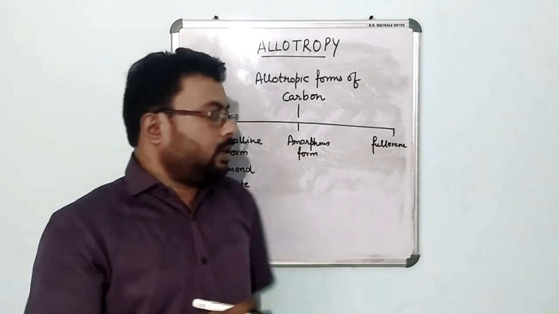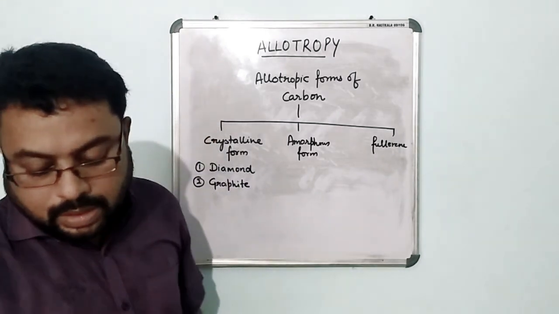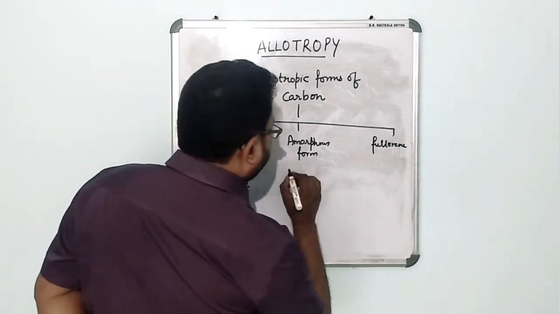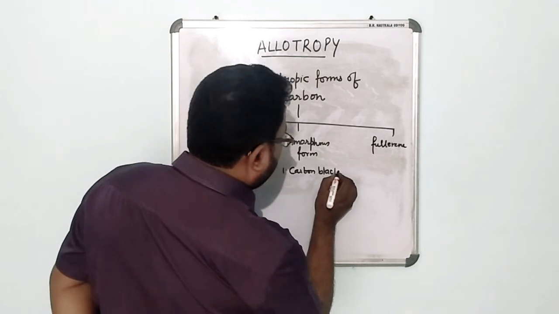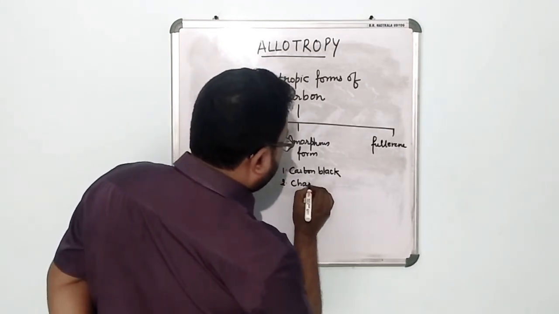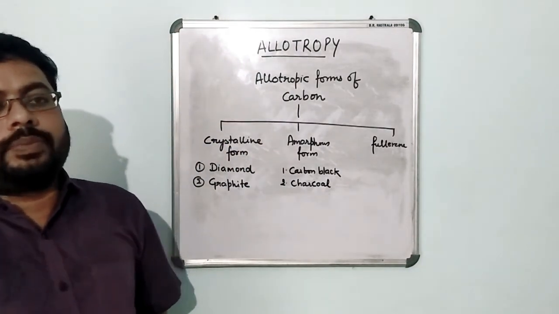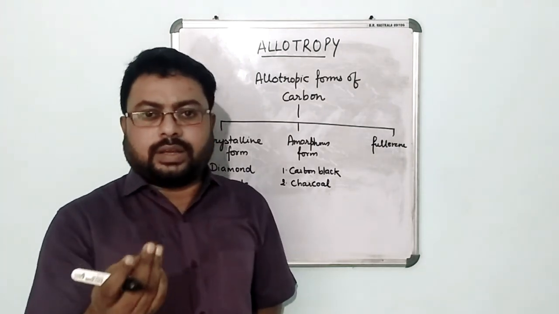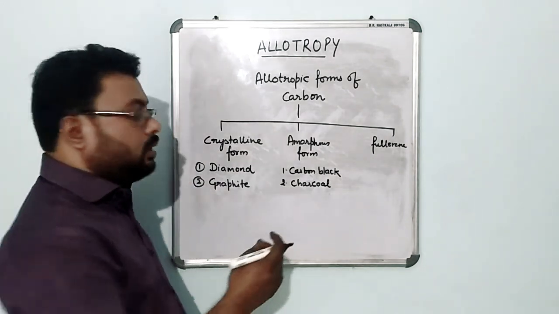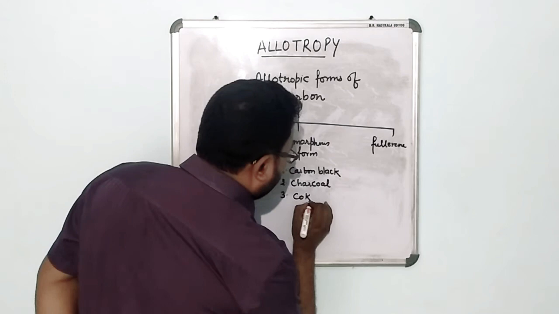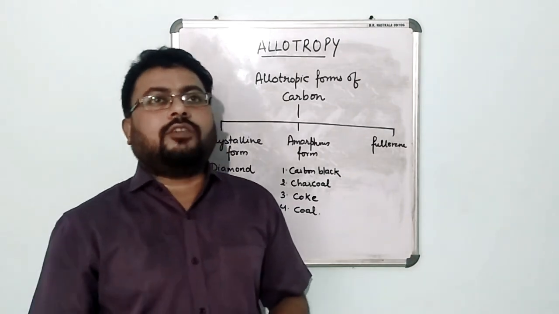Then we have the amorphous form of carbon: carbon black, which is the soot that we get, then charcoal, then coke, coal, right? All these are different amorphous forms of carbon.